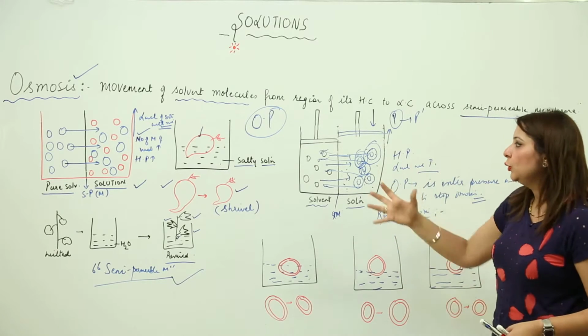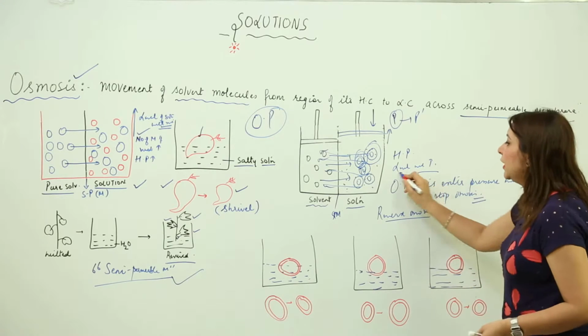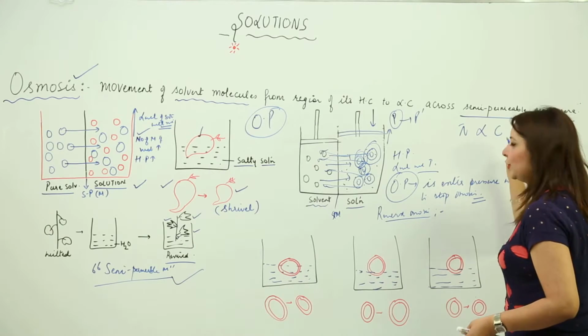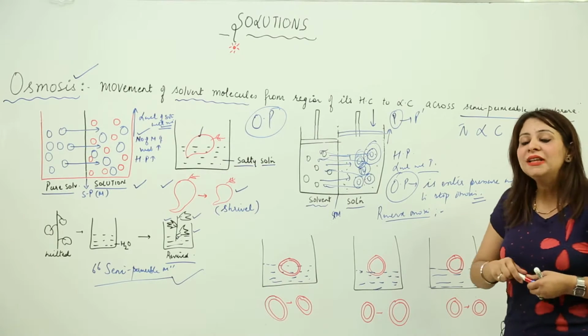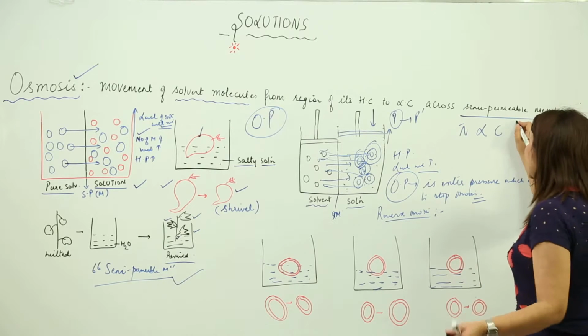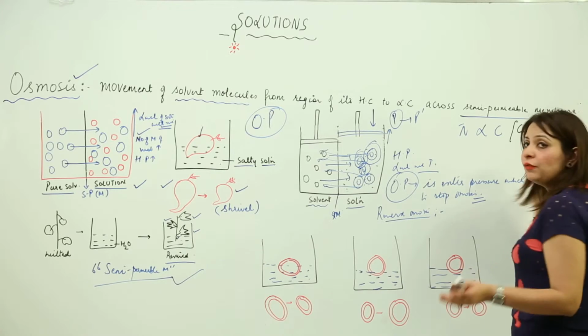Now, as you all know this is osmosis, we see that osmotic pressure is directly proportional to the concentration of the solute. And we know that any property which is directly proportional to the concentration of solute is nothing but a colligative property. This is what we wish to prove, right?